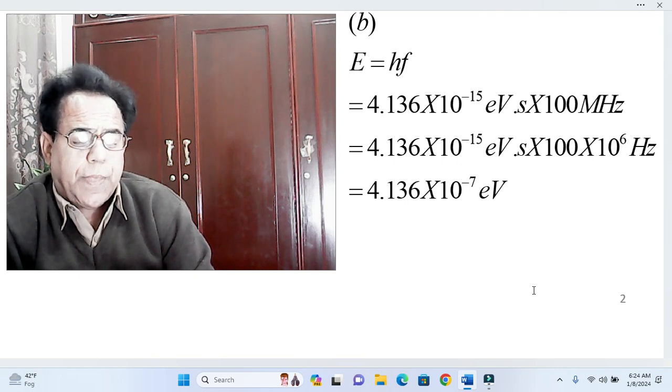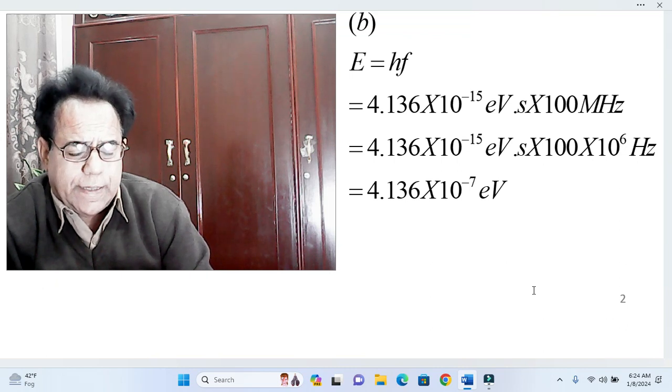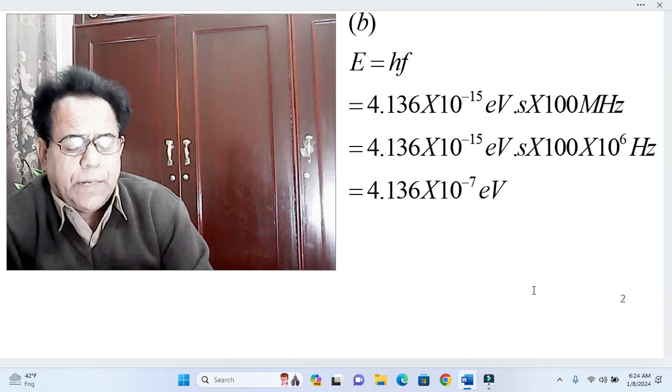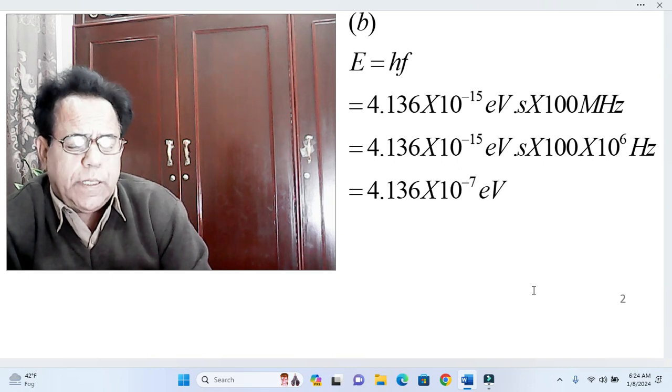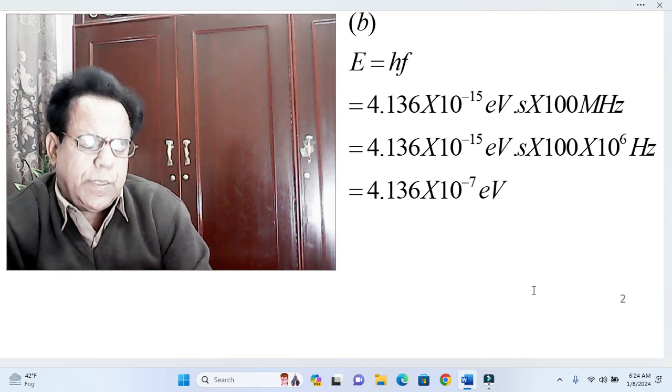So the value of Planck's constant, 4.136 into 10 raised to the power minus 15 electron volt into second, has been taken from the table of physical constants which has been included in a snapshot, the second snapshot.